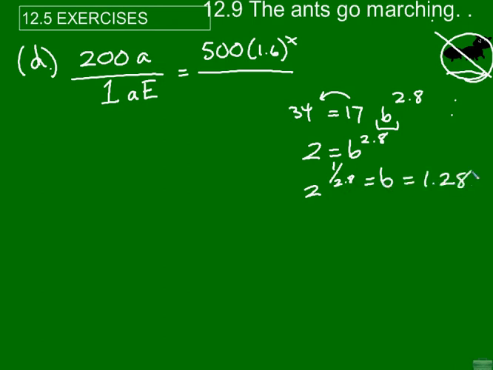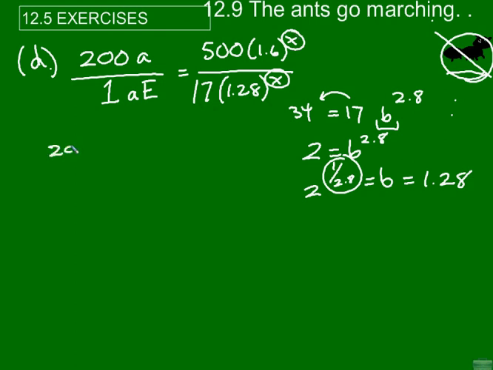Anyway. Okay, so now I have initial value 17 times 1.28 to the x. Now I'm essentially just solving this equation for x, which is easy.